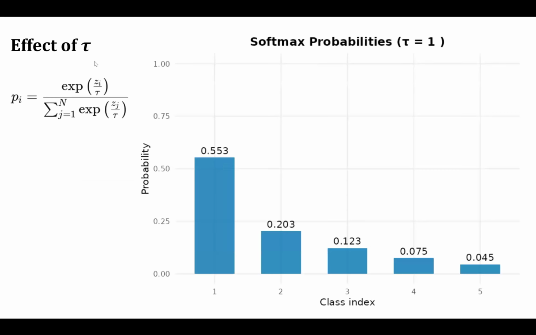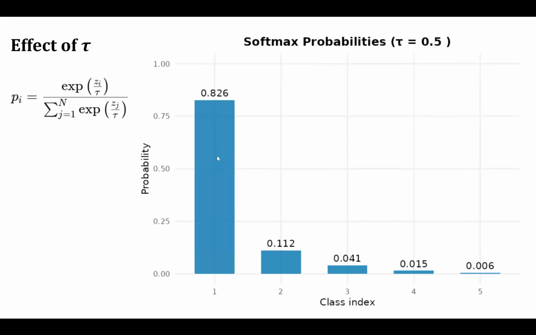So this is just softmax probabilities, for example, when the temperature parameter is equal to 1, like it is not there, it is nothing. So you can see here, class 1, for example, has 0.55 probability. If you choose a lower temperature, you are dividing the number in the numerator by a low number, so it will be huge, right? So you are maximizing this.